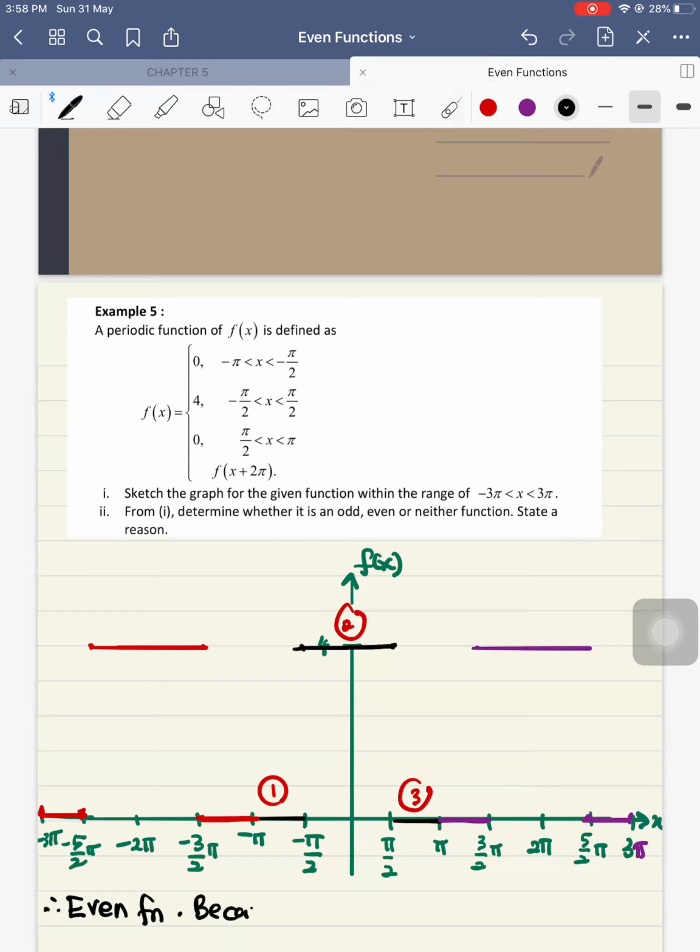Why? Because it is symmetrical about the f(x) axis. Okay, so therefore this is an even function.